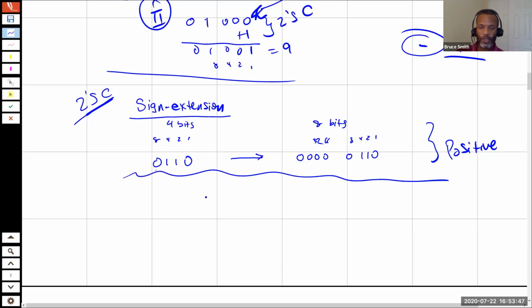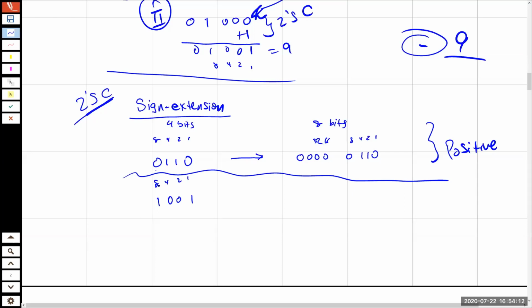If I want to do sign extension, but it's maybe 1, 0, 0, 1. Assuming we just have a 4-bit representation, 1, 2, 4, 8. Can you tell me what this value is? It is negative. What negative value does it represent? -7.